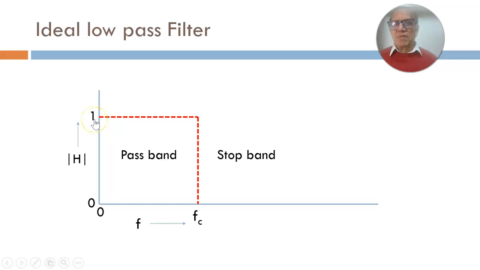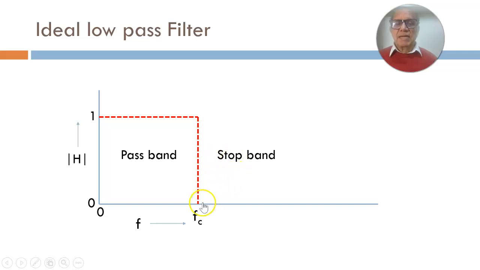It need not be 1, it could be something else, but for the ideal low pass filter characteristics, it must be completely constant, independent of frequency in the pass band. But in most filter design, usually the reference gain is considered as 1, so that is what we are going to consider in this session.